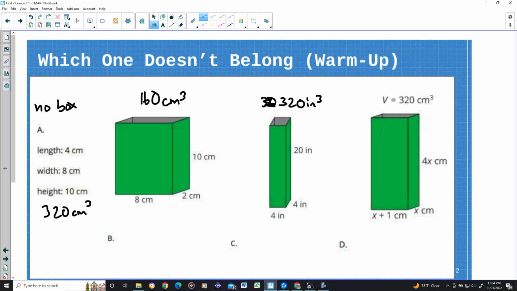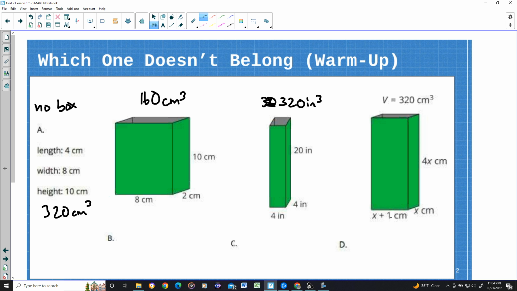This box is unique because it's written as an expression. Just because it's written in algebra, could we still find the volume of it? Well, yes. It tells you it's 320, but what if we didn't tell you that? How could you represent the volume given that the sides are written with x's?